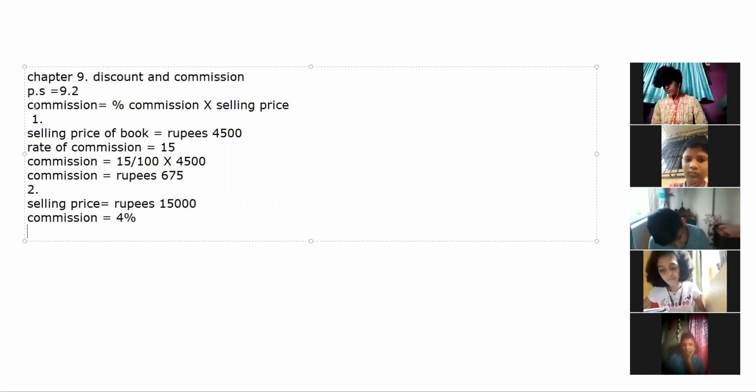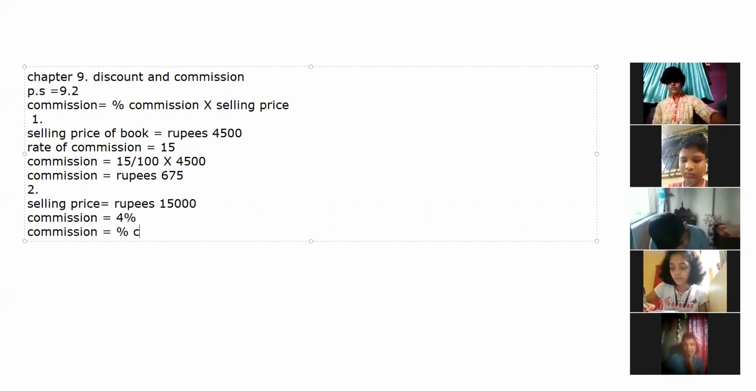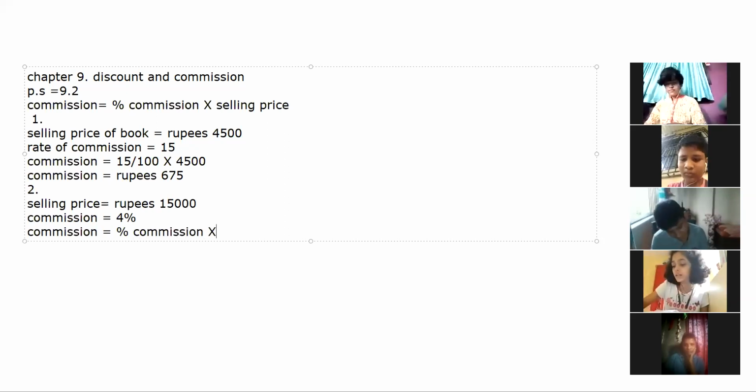So first of all, we will find out the commission. To find the commission, you have to use the formula. Commission is equal to percent commission into selling price.